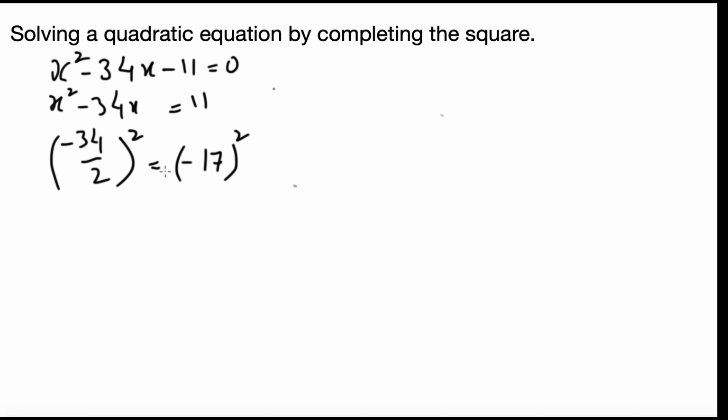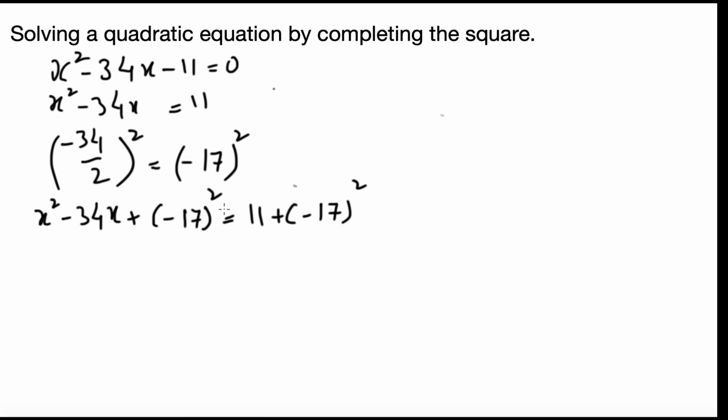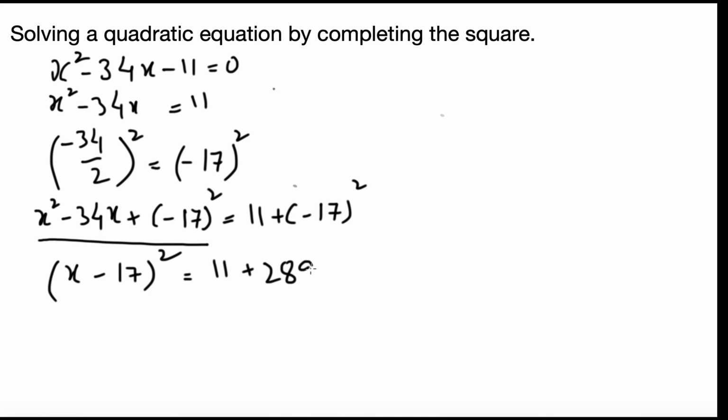We add this on both sides. This makes 17 squared, 289, 300.